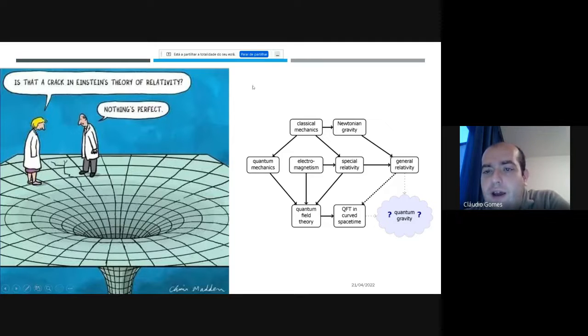And on the right side of this slide, I would like to draw your attention to a general scheme of some physical areas. Namely, we have the missing of a fully quantum gravity.